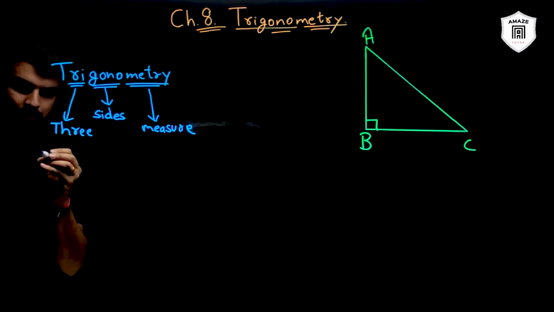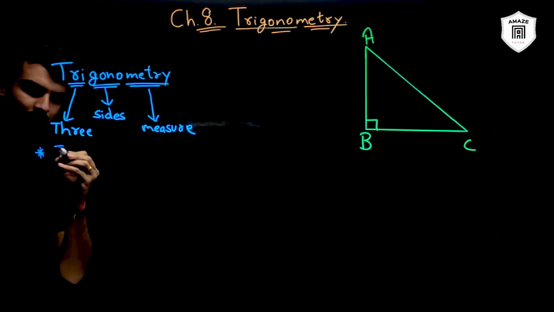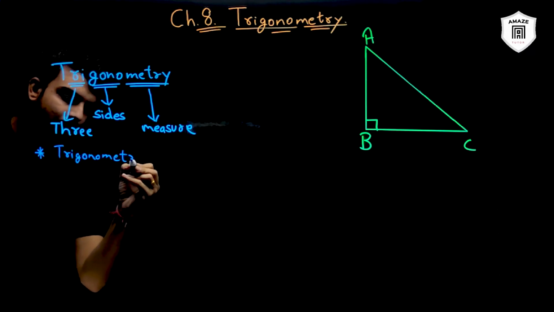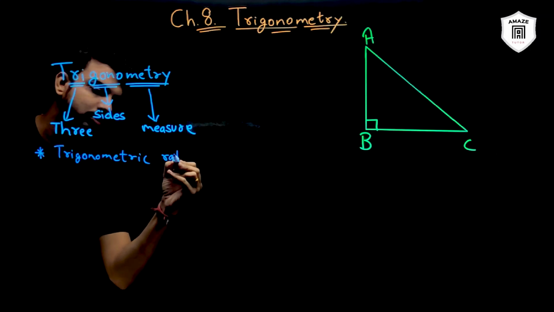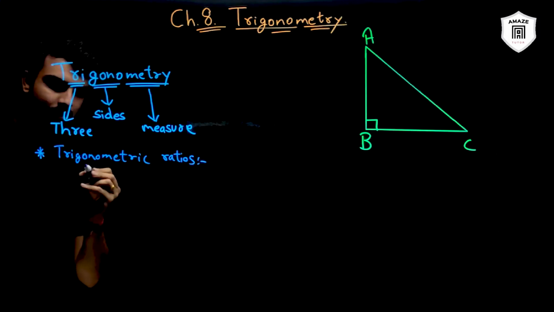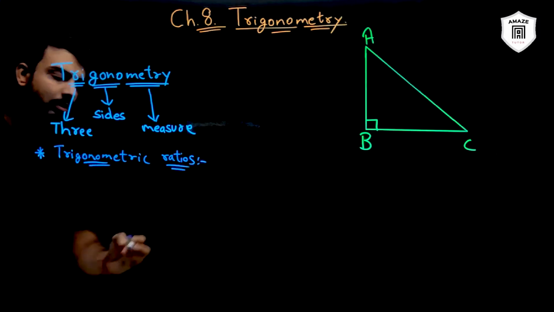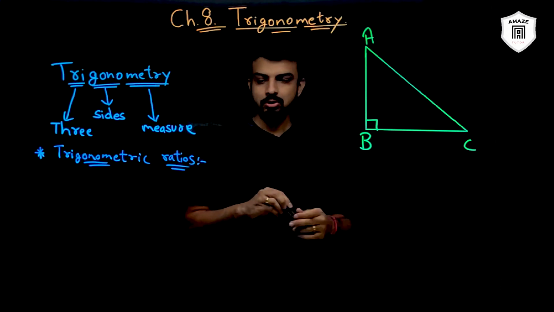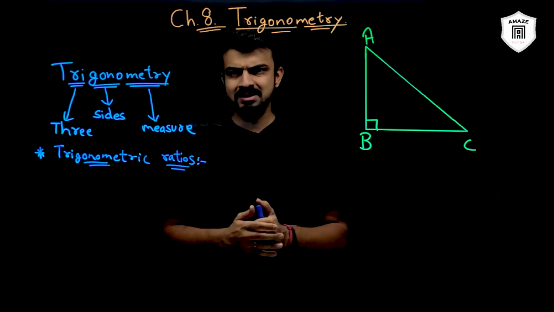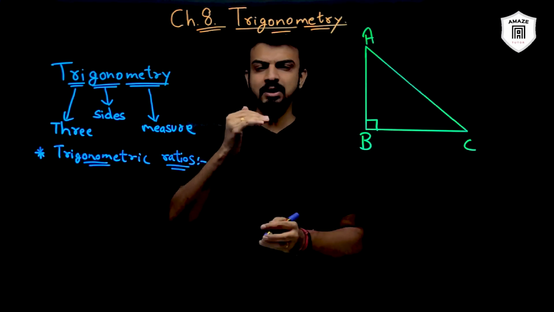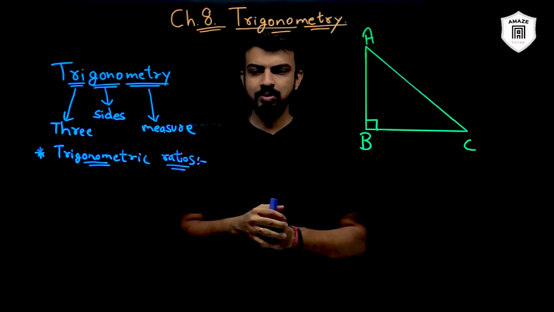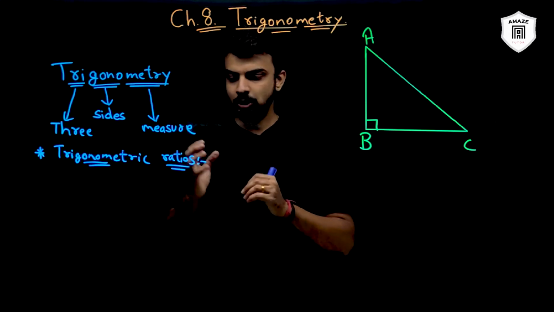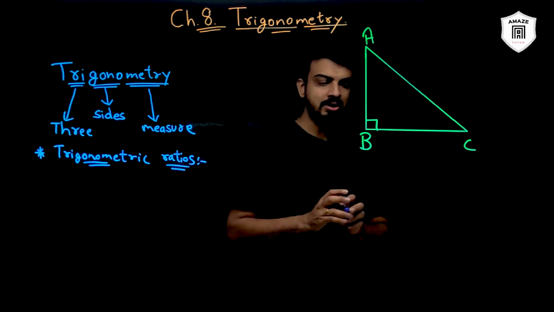Let me write it down here: trigonometric ratios. What do you mean by trigonometric ratios? Ratio means something divided by something, right? There are two quantities which are in division or in ratio. So what does trigonometric ratios mean?